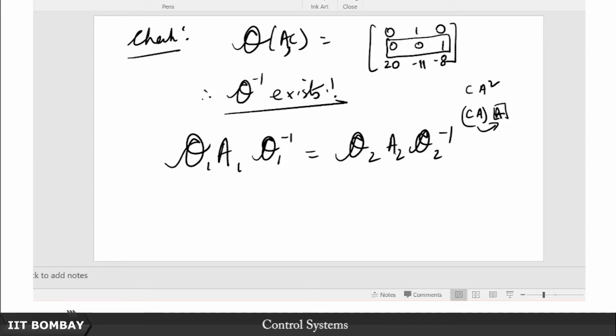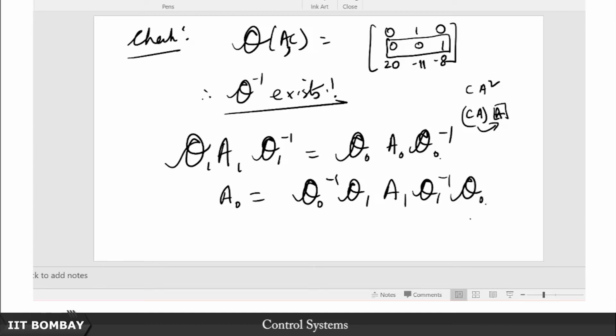So let us say I realize something in the observer canonical form, so let the second realization be in the observer canonical form. Then I can write the observer canonical form realization matrix as O_O inverse O1 times A1 times O1 inverse times O_O, and I can call this my T matrix.